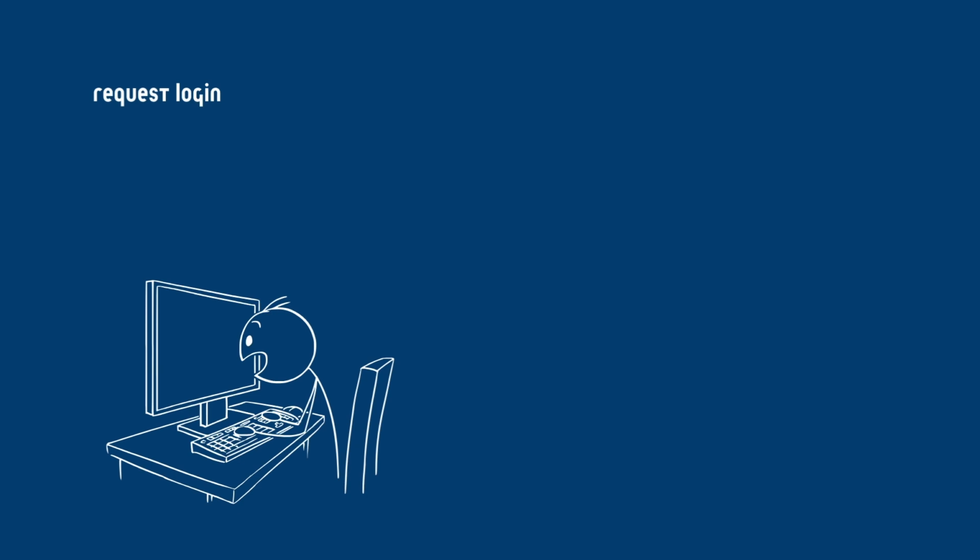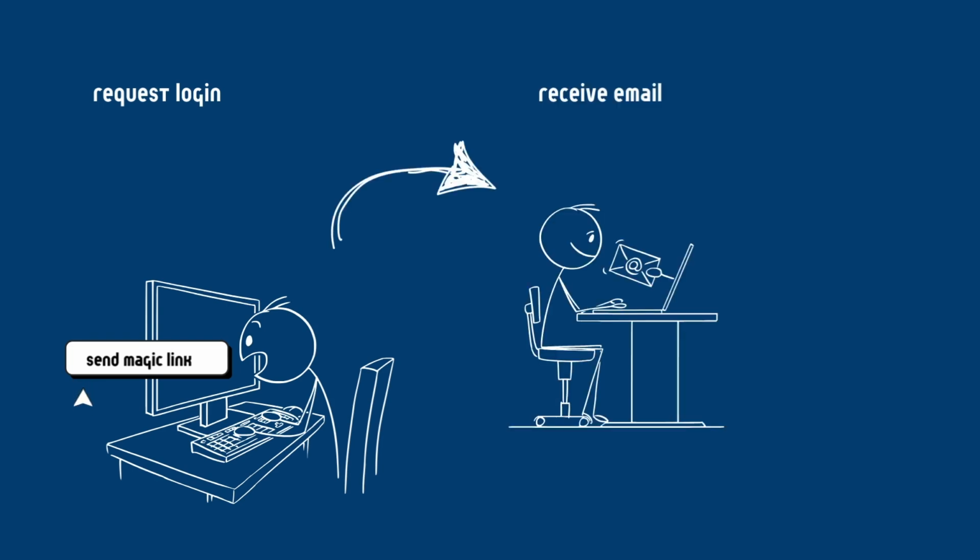So this is how magic links work. The user enters their email address into the app's login form. Instead of entering a password, the user clicks a button that says something like send magic link. Then the app sends an email to the user's provided email address.